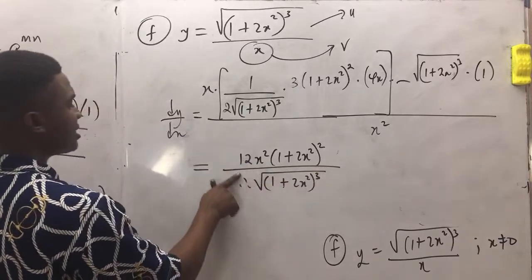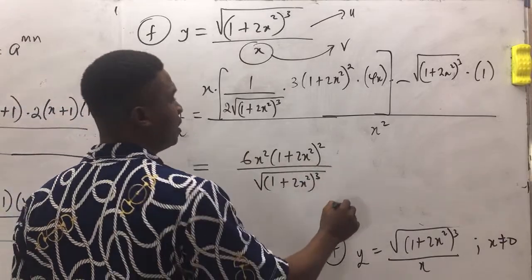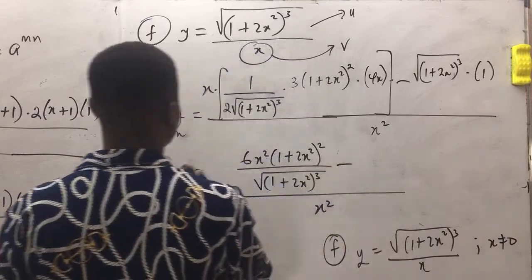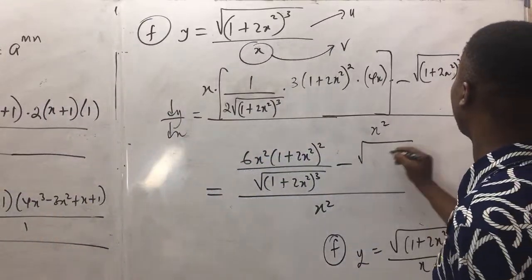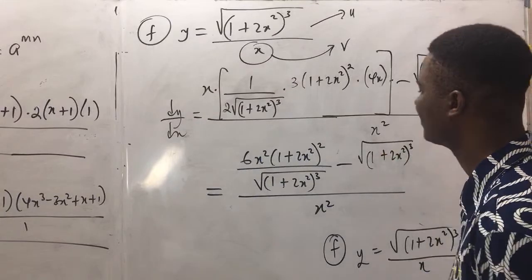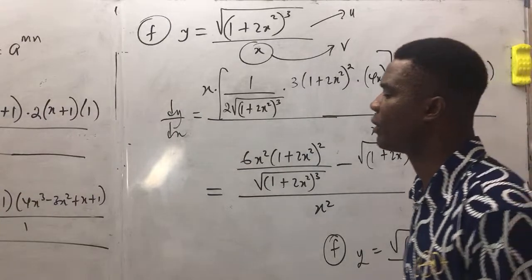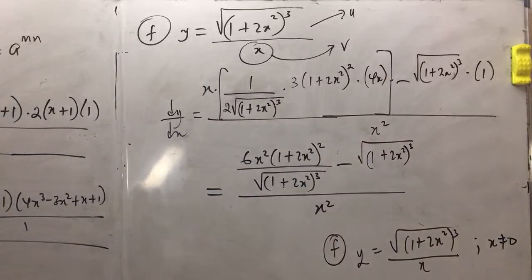Of course, this can cancel 12 to give us 6, all over x squared minus, in the numerator, we are going to have square root of 1 plus 2x squared all raised to power 3. Okay, so that solves all the problems in question 22 and 23.